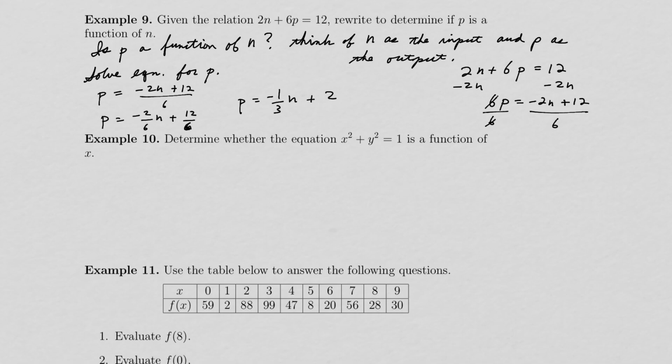So the question is, is that a function? Yeah, this is just a linear equation. In fact, for any value of n, the input that I plug in, I'm going to get exactly one output. I'm going to get one p value. If n is 0, p is 2. If n is 3, p, I guess, is 1. For each input, you're going to get exactly one output.